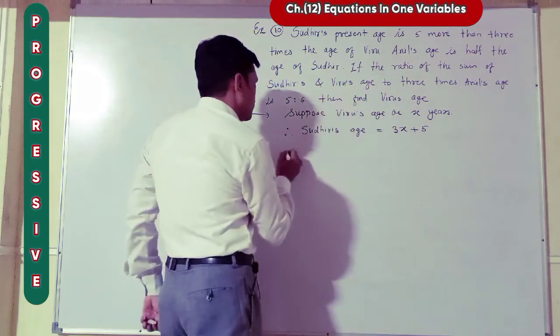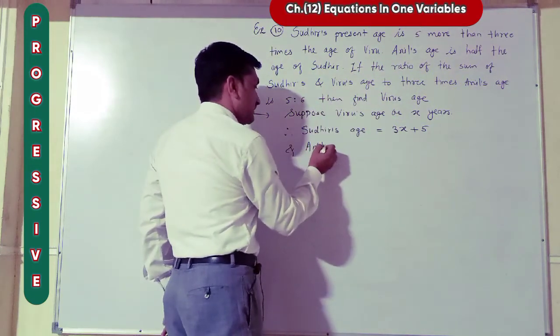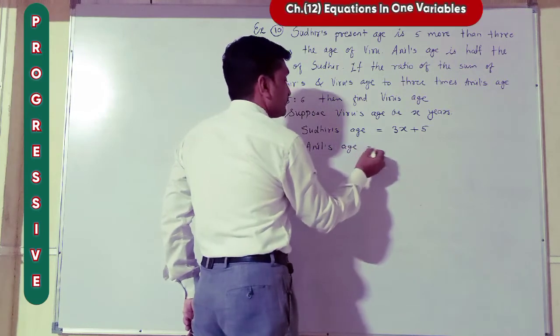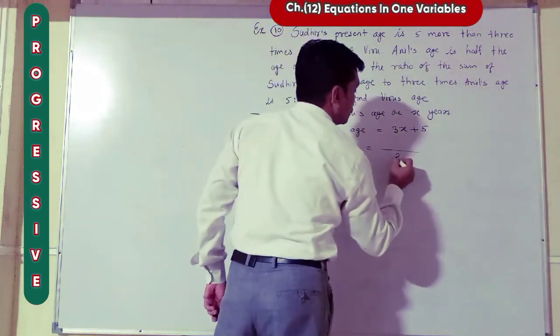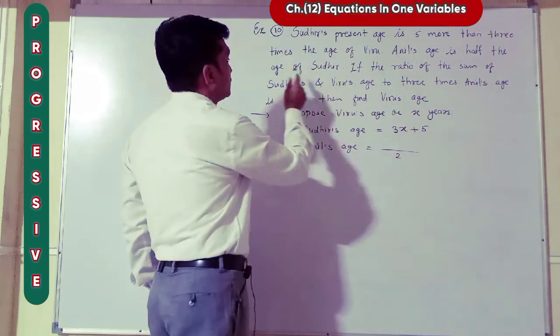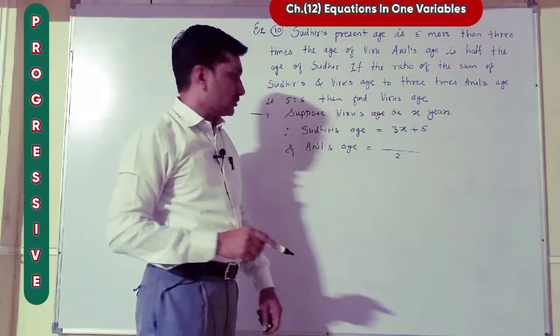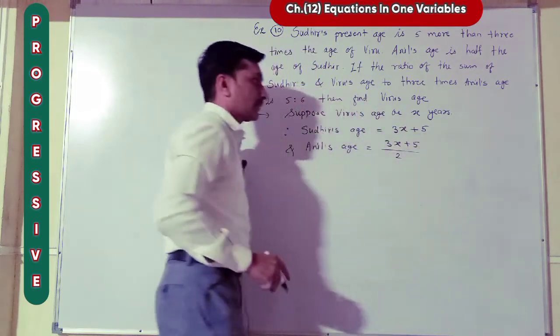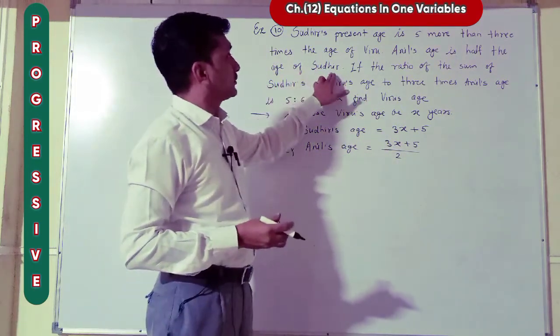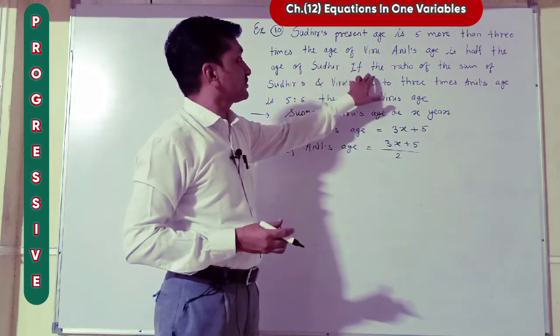Anil's age, and Anil's age is equal to, what is Anil's age? Half means upon 2, half the age of Sudhir, and Sudhir's age is this 3x plus 5. Half the age of Sudhir. Now this is condition.